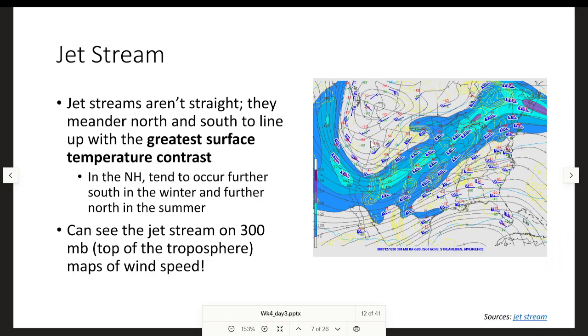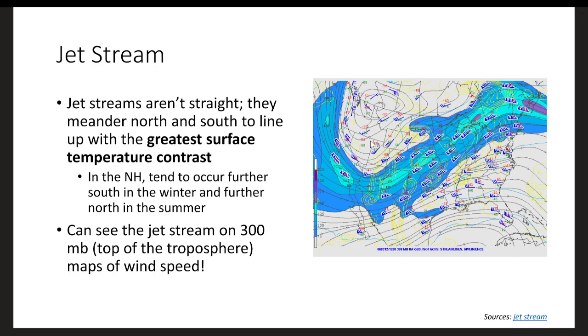Here it is in the beautiful weather map. And they're really good at making weather. These jet streams are so great for the United States for weather formations. They're not straight. They form ridges and troughs. So they meander north and south to line up with the greatest surface temperature contrast.